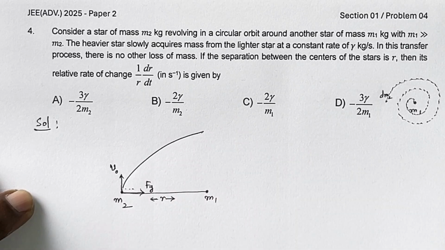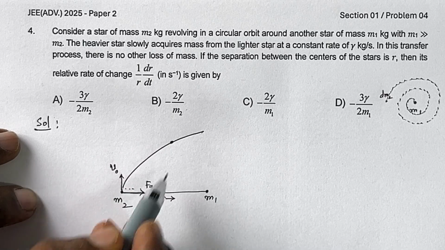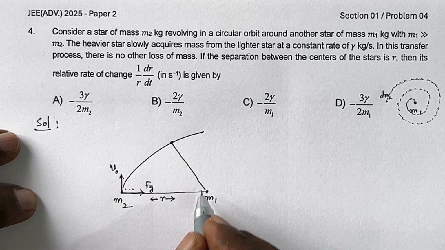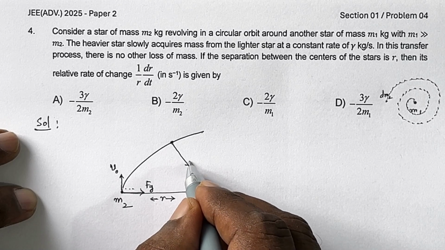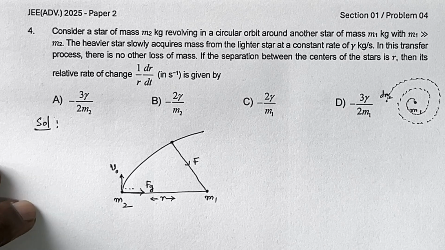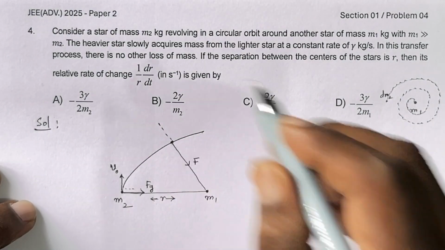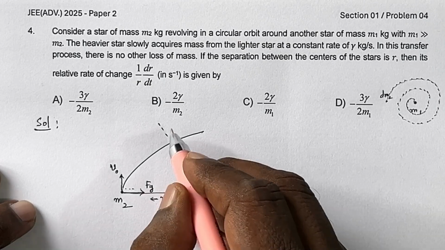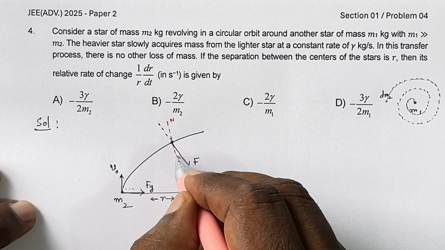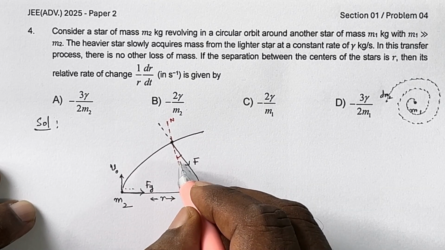What we do is, at some instantaneous position of this body m2, I will draw a straight line to m1. In this direction, the central force is acting, some radial force, the centripetal force. I will draw a normal here. This normal is making a small angle alpha.